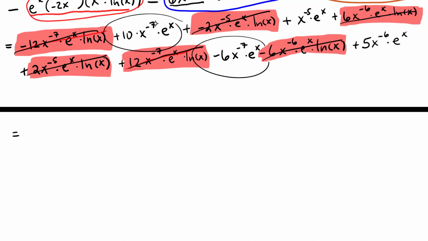Now 10x to the negative 7 e to the x minus 6x to the negative 7 e to the x leaves us with positive 4 of that.